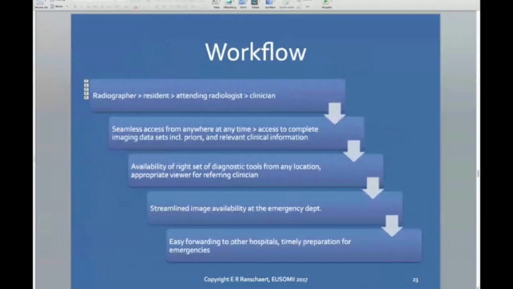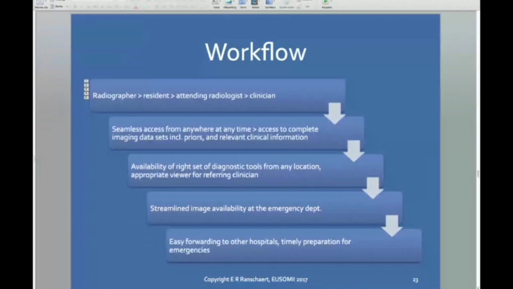To give you an example of how the workflow goes with a cloud-based system, images are made by the radiographer, viewed by the resident, then the attending radiologist, and then the clinician. So when these images are available, when using the cloud, there is seamless access from anywhere at any time. And there is access to the complete imaging sets, including the prior images and the relevant clinical information.